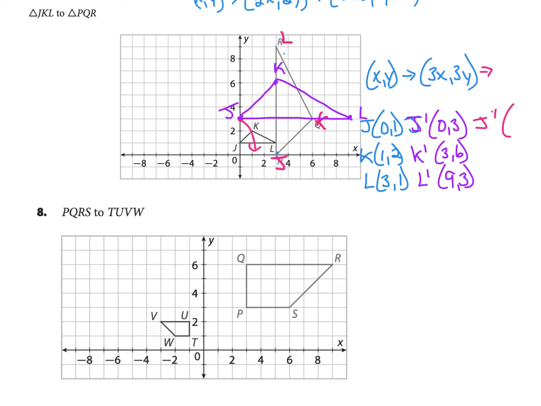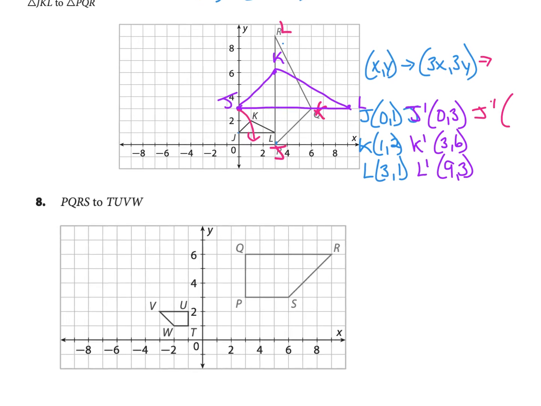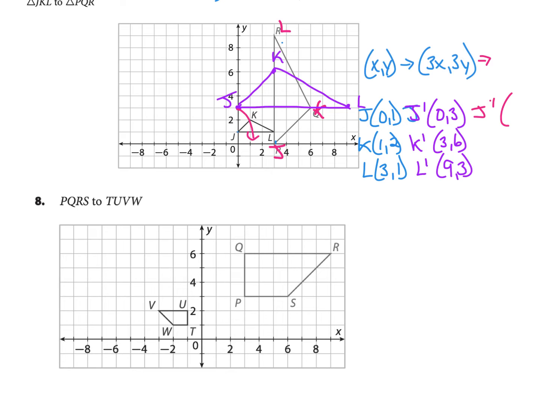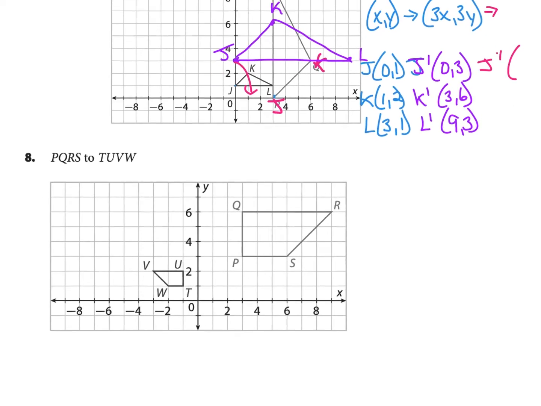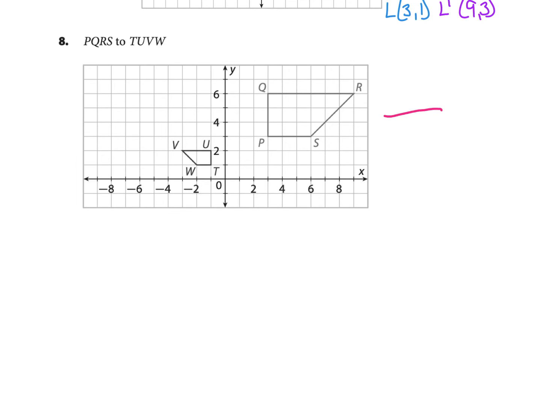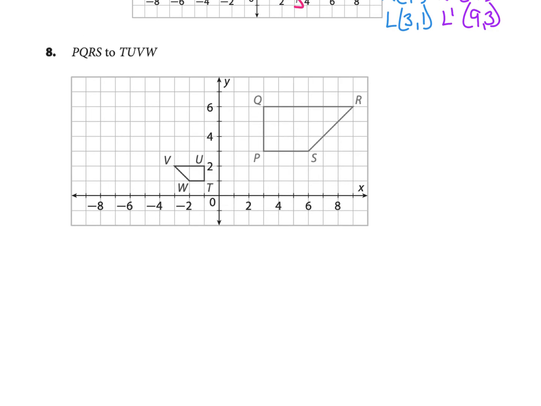The next one is really easy to talk about in this video, and I'm sorry, I just usually do this in class. So let's go here to number 8. PQRS to TUV. So P is going to go here, Q here, R and S. And it's going to get smaller, isn't it?